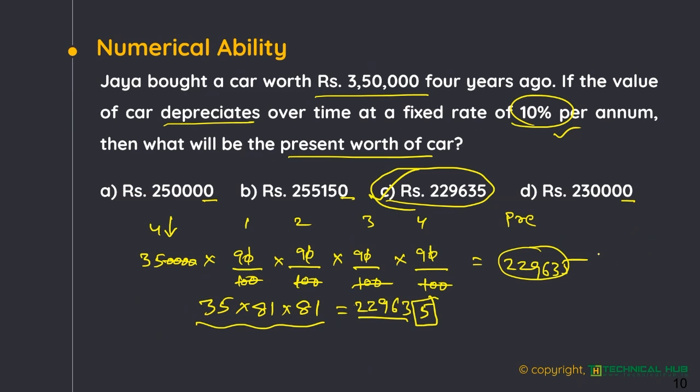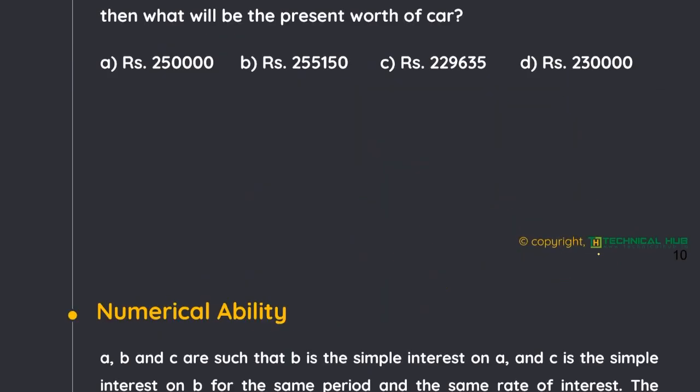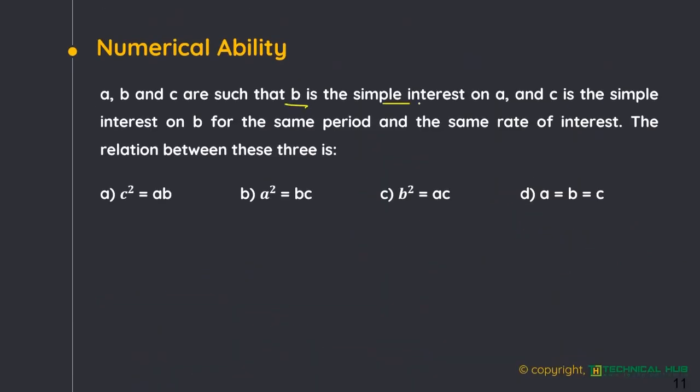Next question. A, B, C are such that B is the simple interest on A. As we all know, simple interest SI is equal to PTR by 100, right? B is the simple interest on A. On A in the sense, A is the principal amount.